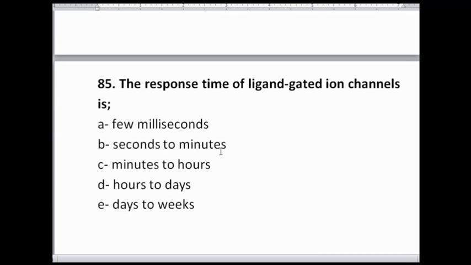So actually the correct answer is, ligand gated ion channels are quick acting ion channels. So their response time is few milliseconds. Within few milliseconds these channels respond to the stimuli.